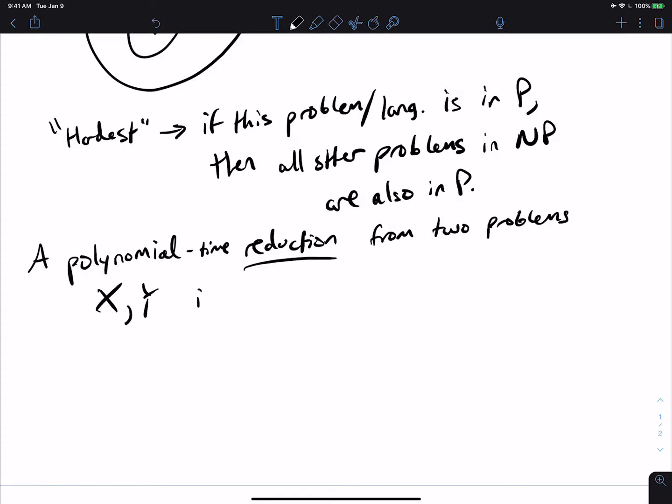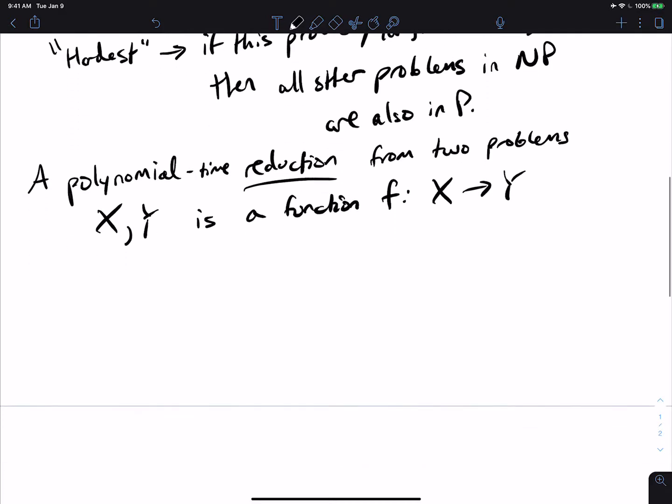So what is the reduction? It is a function f that goes from X to Y, such that for some string W, W belongs to X if and only if the resulting value, f of W, is in Y. If we have a function where we have a string W in X, but f of W is not in Y, then it's not a reduction.